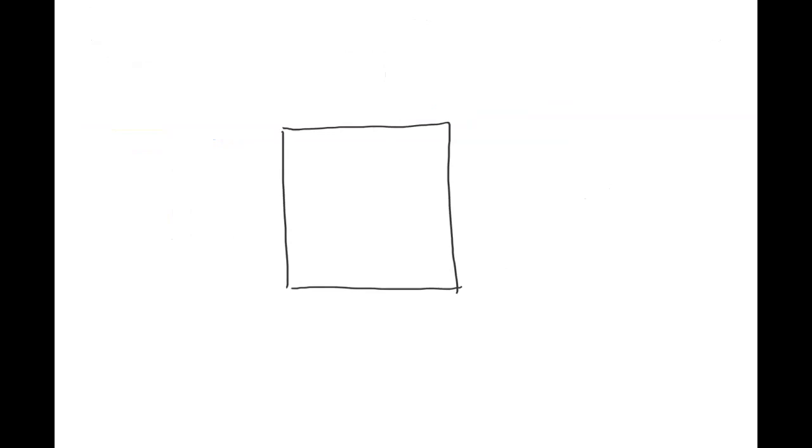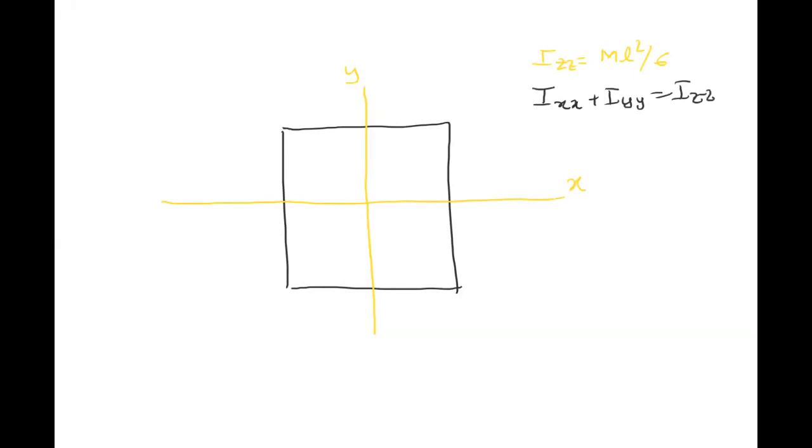सर 2 times Ixx is equal to Iz, क्यों? क्योंकि प्लेनर ऑब्जेक्ट है, हाँ। थ्योरम लग सकता है और सिमेट्रिक भी है। Iz की वैल्यू है ml² by 6, ये हमें मालूम है, और Ix plus Iy will be equal to Iz, ये भी हमें मालूम है.